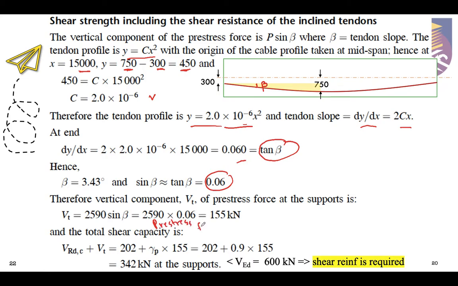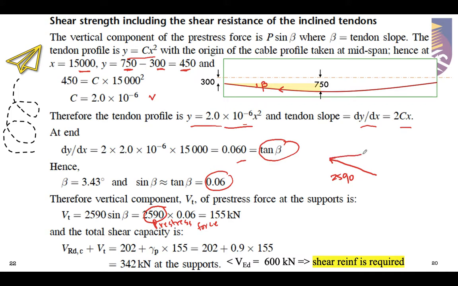So we have the pre-stress force of 2590, which is considered as the resultant force acting at this location. It is almost like this, considering the trigonometric concept. So we have the resultant of 2590.